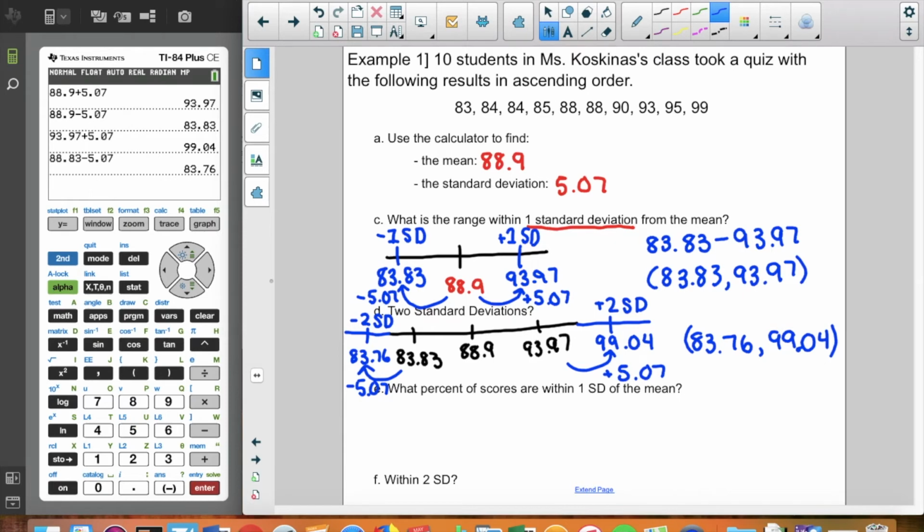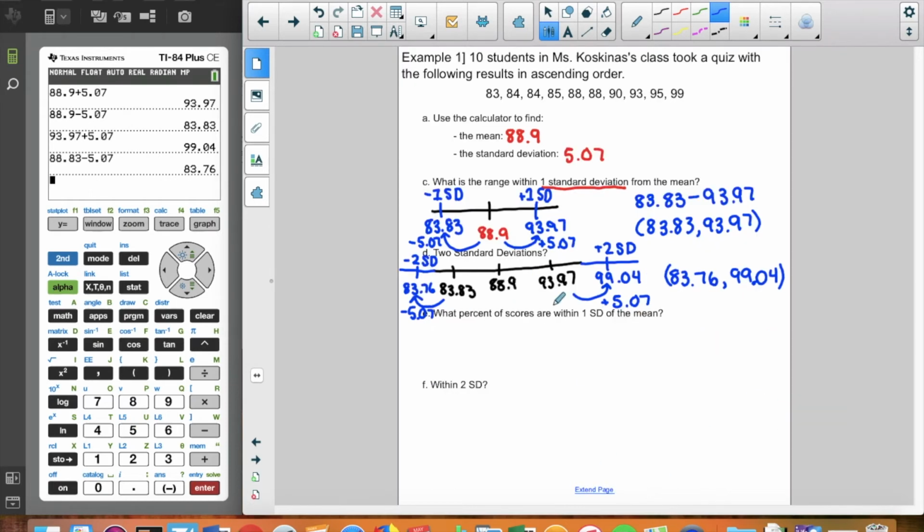Okay. All right. So let's continue on. Extend the page here. Now, part E says what percent of the scores are within 1 standard deviation of the mean. So to do this, we're bringing in percentages here.